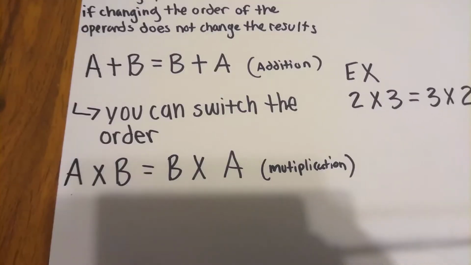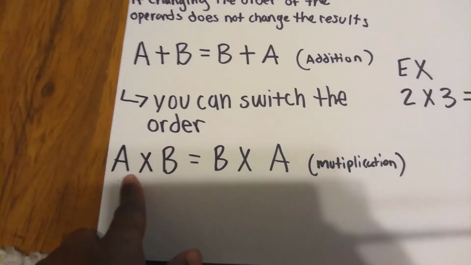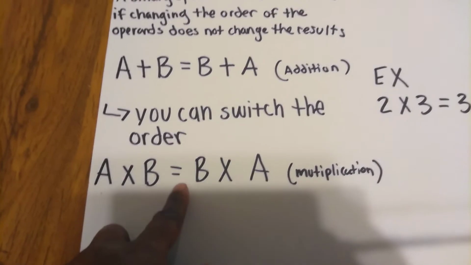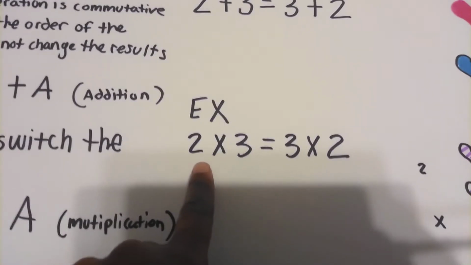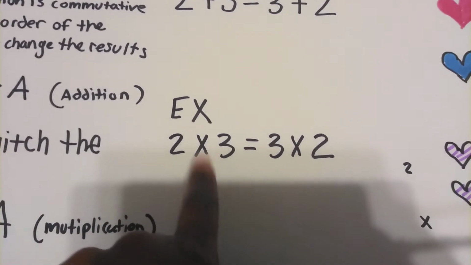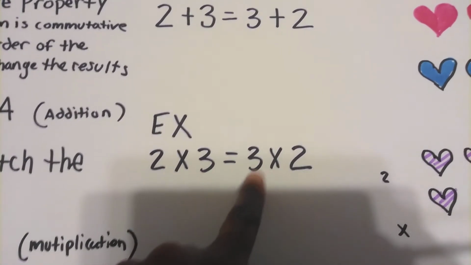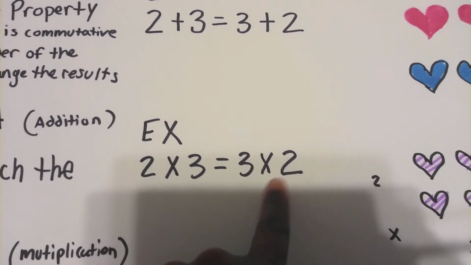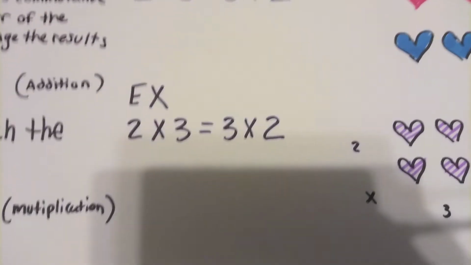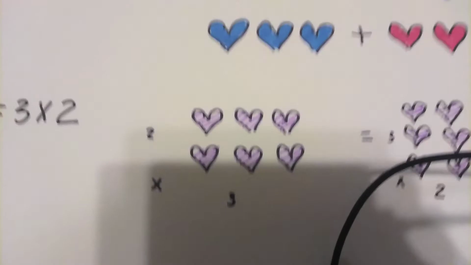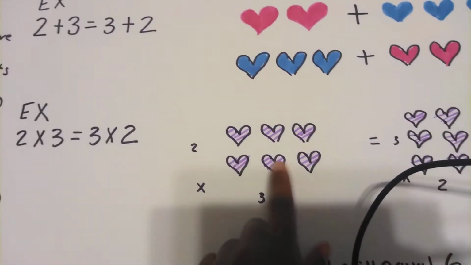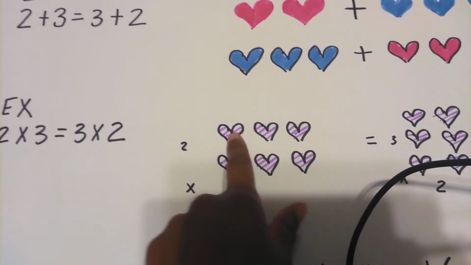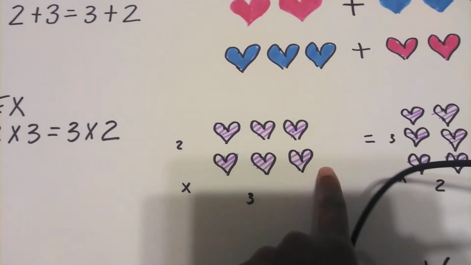For multiplication, let's look at the variables. A times B equals B times A. Here's our example: 2 times 3, which is 6, equals 3 times 2, which is still 6. Let's look at our visual image. 2 times 3 hearts.